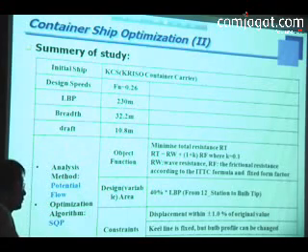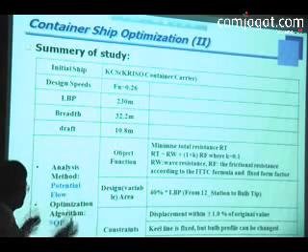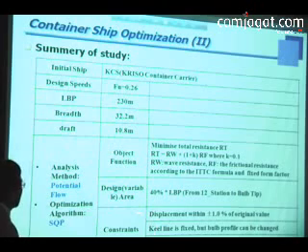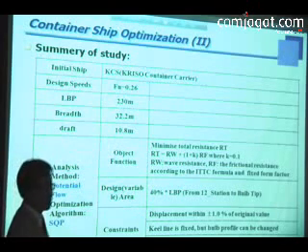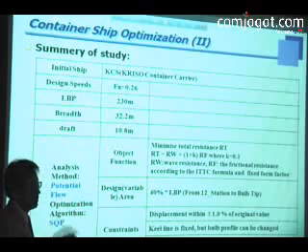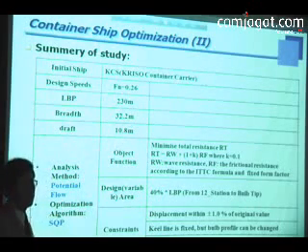So 40% of the fore part is changed. Constraint, displacement 1% plus minus. Keel line is fixed, and the vertical profile can be changed as well. And at station 12, the generated hull should be better than the original one.